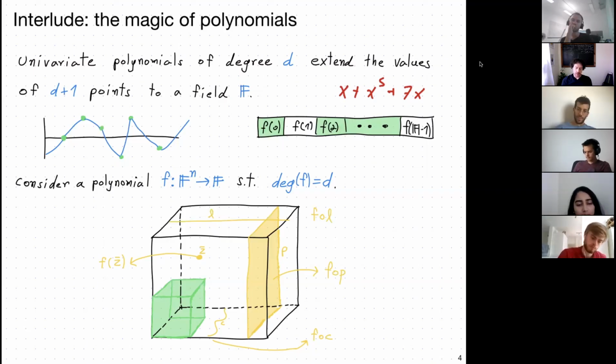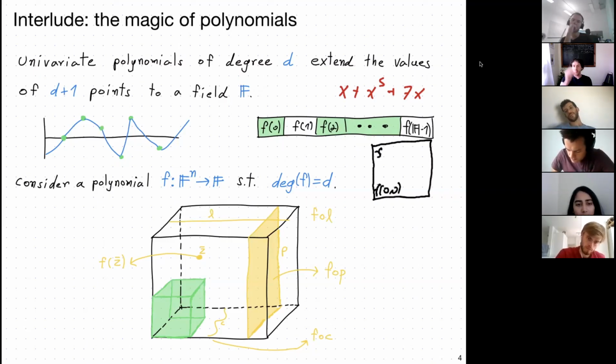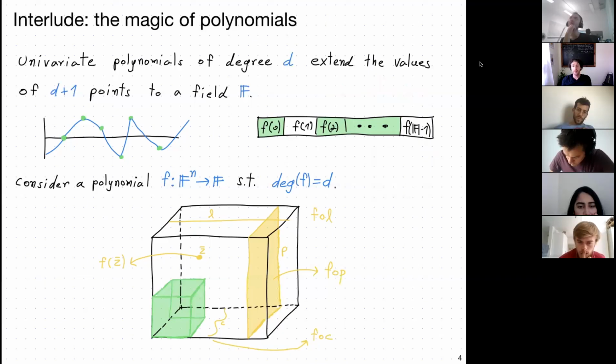Similarly, you can consider a polynomial in two variables and just write the evaluation as a grid, right? So here you'll have f of 0, 0, f of 0, 1, f of 0, 2, f of 0, 3, and we just stack them in a grid according to the first coordinate and the second coordinate. So you can do this in 3 dimensions, as I showed before, and you can do it in n dimensions.